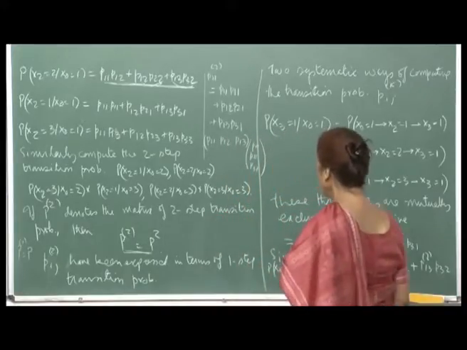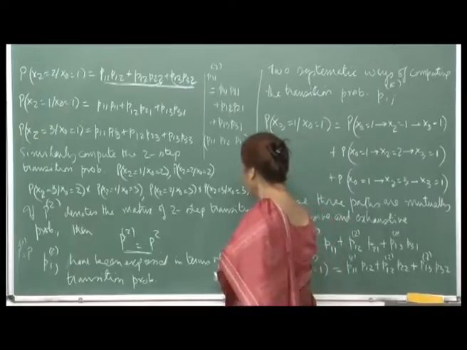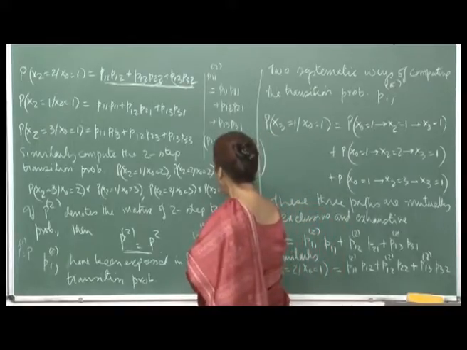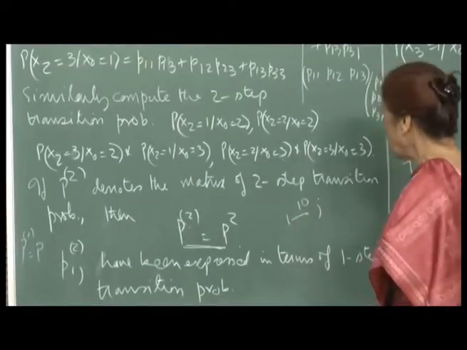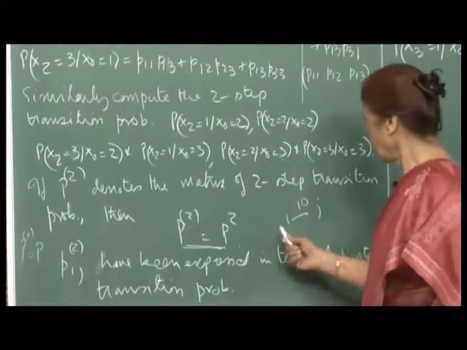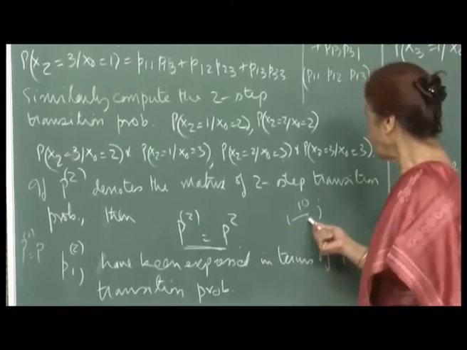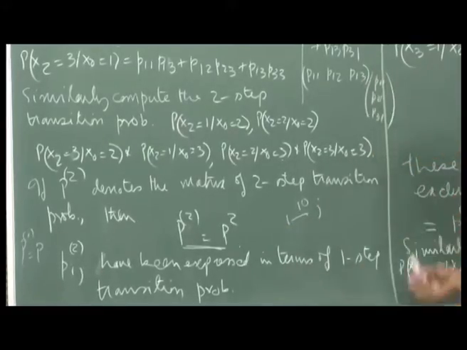So, if you want to know the probability that you will be in state j in 10 steps, starting in state i, then the ijth entry of P^10 will give you that probability, and so on. So, we will see that.